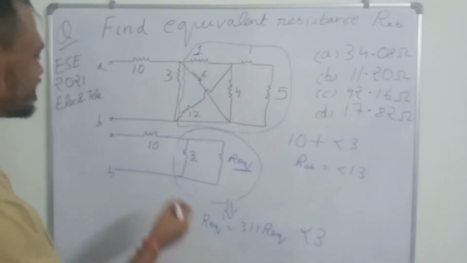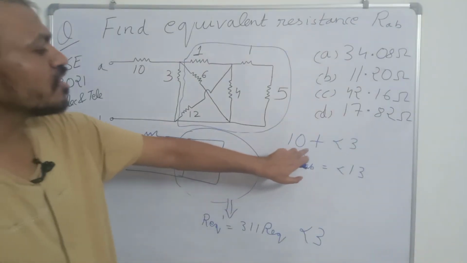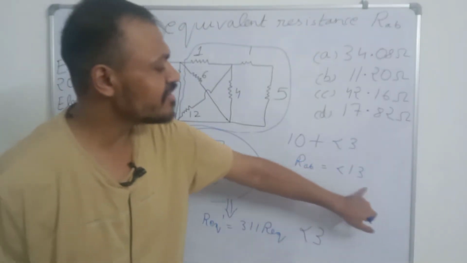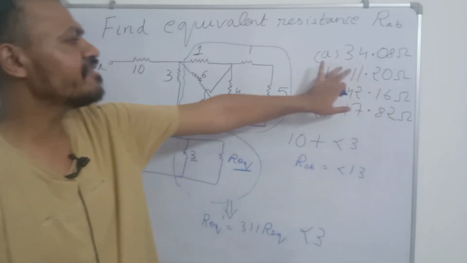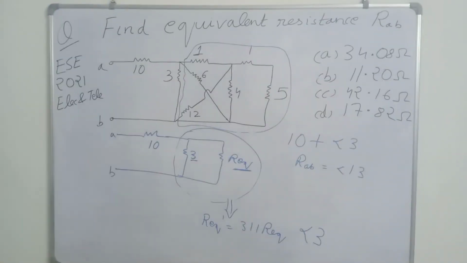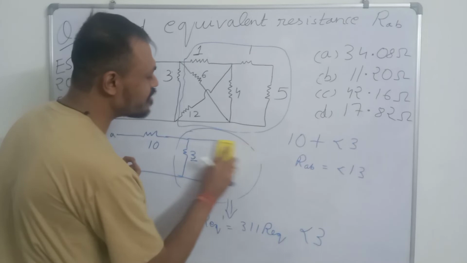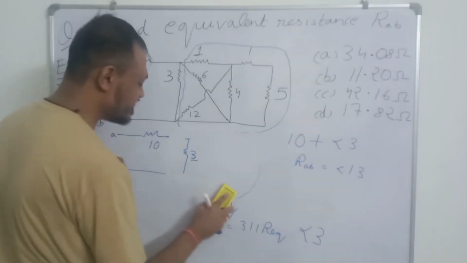So this network reduces to a resistance of 10 ohm in series with a resistance which is less than 3. Their equivalent will obviously be less than 13, and there was only one option which was less than 13. So this was the short trick. Using this short trick you can solve this network in less than 15 seconds, but only if you are in regular practice, then only you will get this trick.